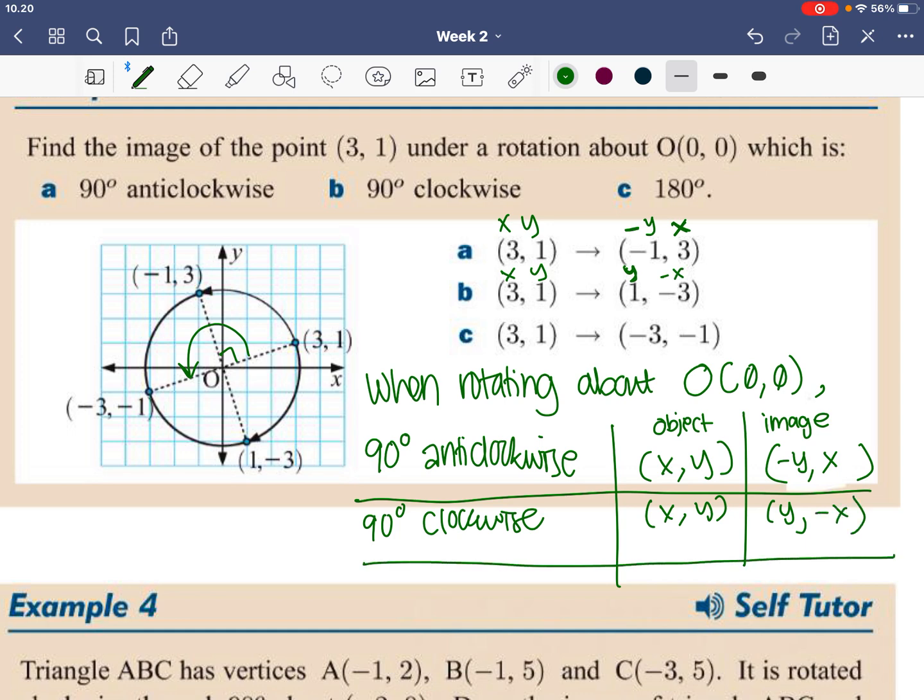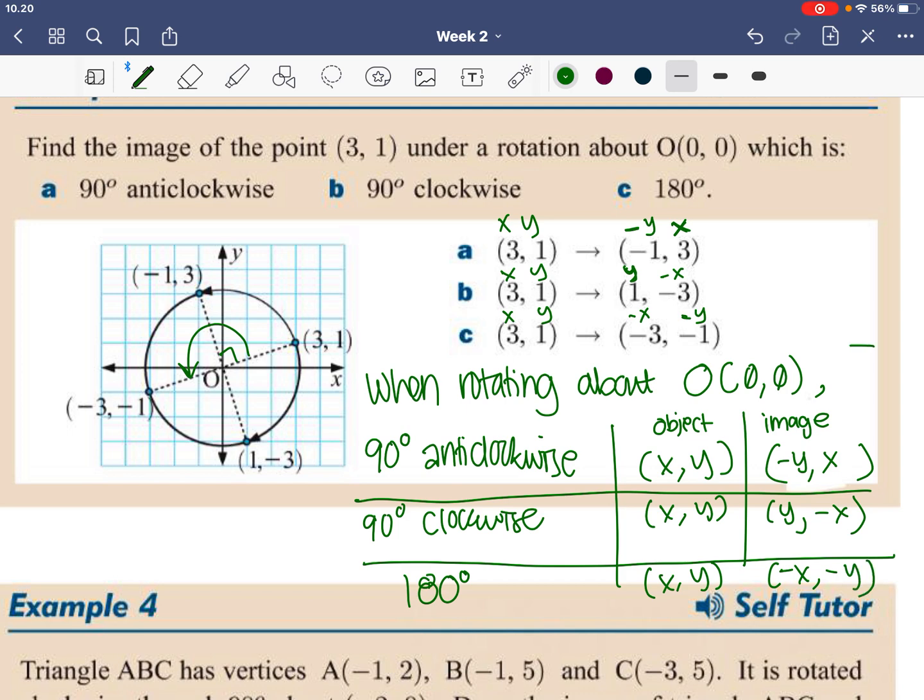Okay, and then for a 180 degrees rotation, again, it doesn't matter anti-clockwise or clockwise, you're just changing the signs, the opposite signs. And this is the pattern that we're going to use.